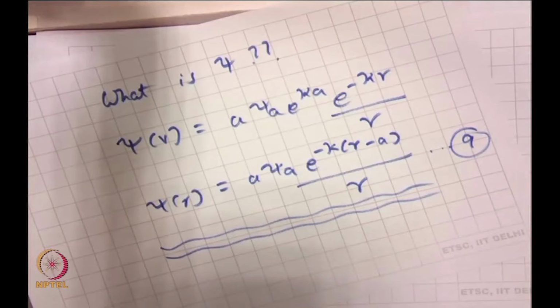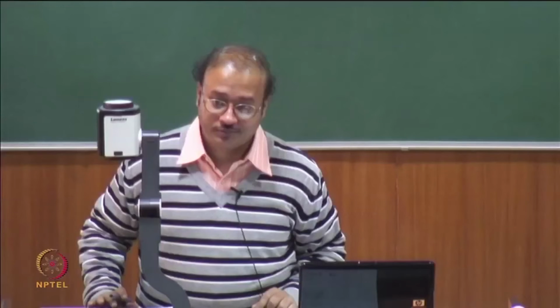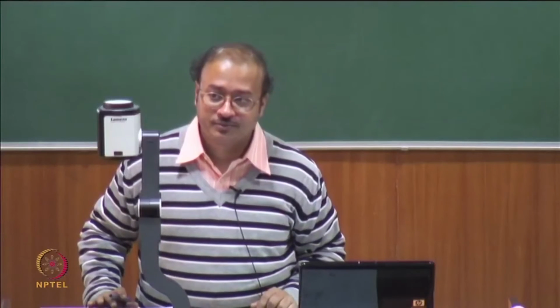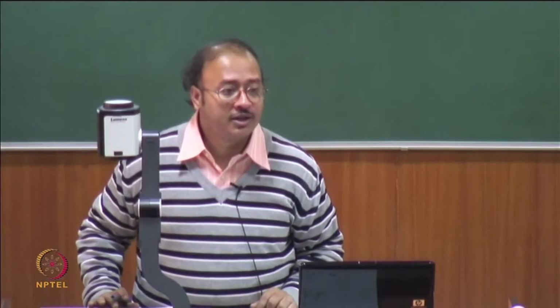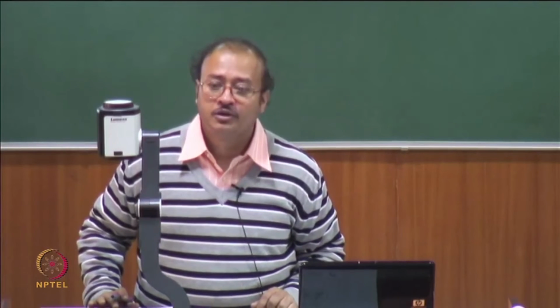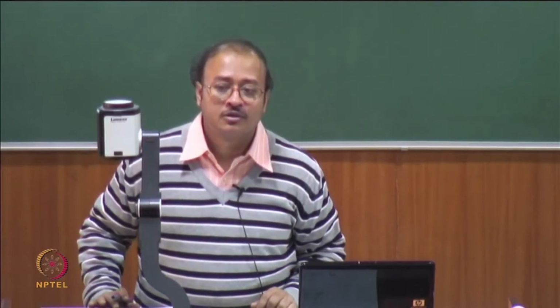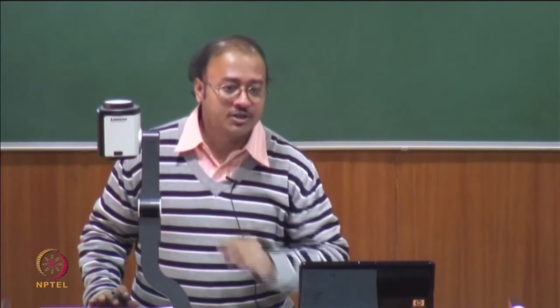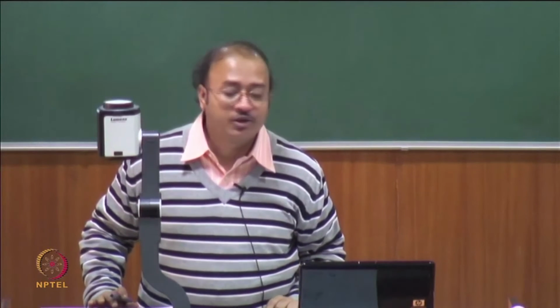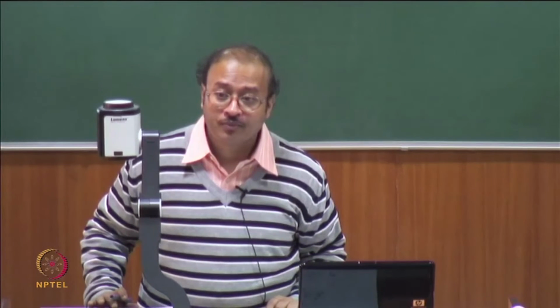Now, guys, tell me what is the major difference between this equation and the equation which we know in terms of Coulomb's law. What is the main difference? Coulomb's law also had something like, do you remember? It was the product of the charges over 4 pi epsilon 0 times r.